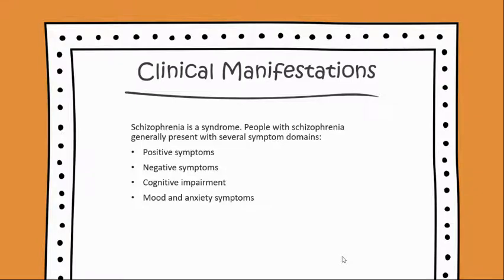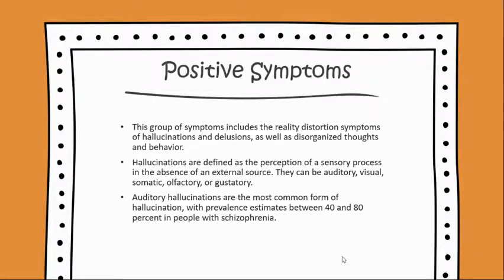Clinical manifestations. Schizophrenia is a syndrome. People with schizophrenia generally present with several symptom domains: positive symptoms, negative symptoms, cognitive impairment, and mood and anxiety symptoms. Positive symptoms. This group of symptoms include the reality distortion symptoms of hallucinations and delusions, as well as disorganized thoughts and behavior.